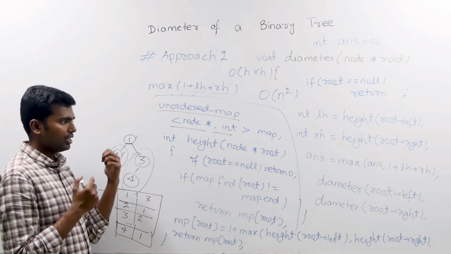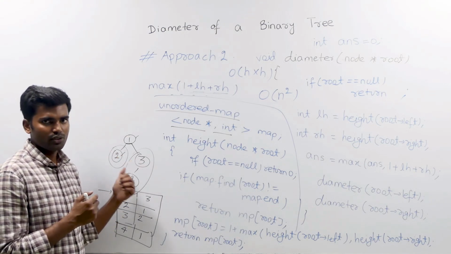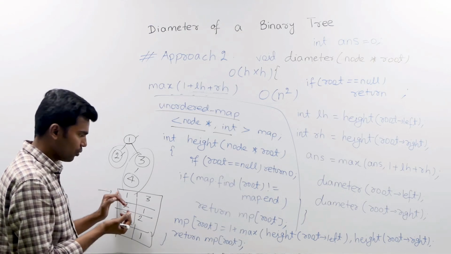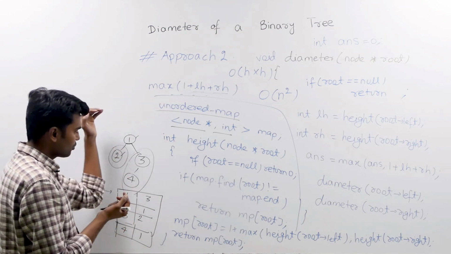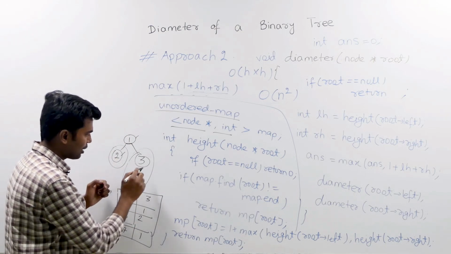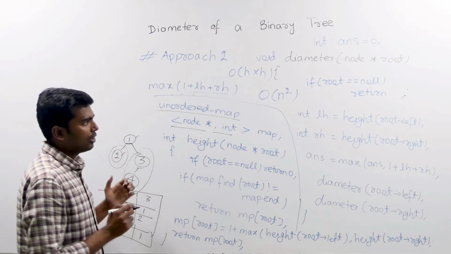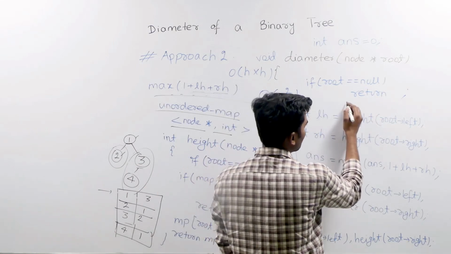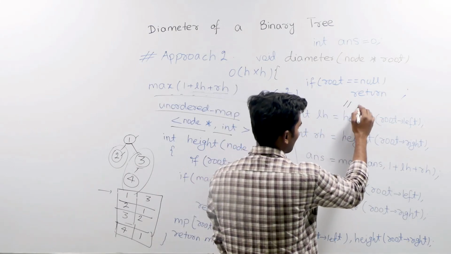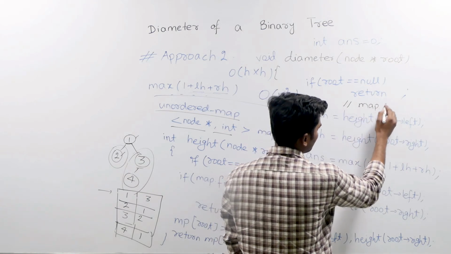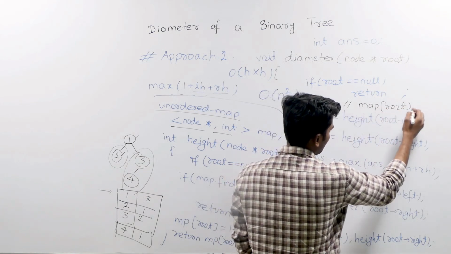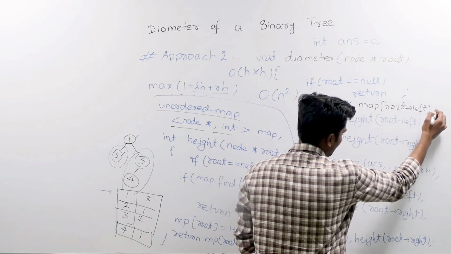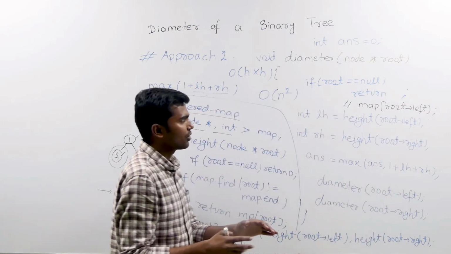So this is how the information would be stored in our hash map, and using this we can simply calculate the height of a node in constant time, right? Because we have the pointer to that node, we can simply find the height of that node in constant time. So instead of calling this function, I'll simply write map of root dot left, because we have to find the height of the left subtree.